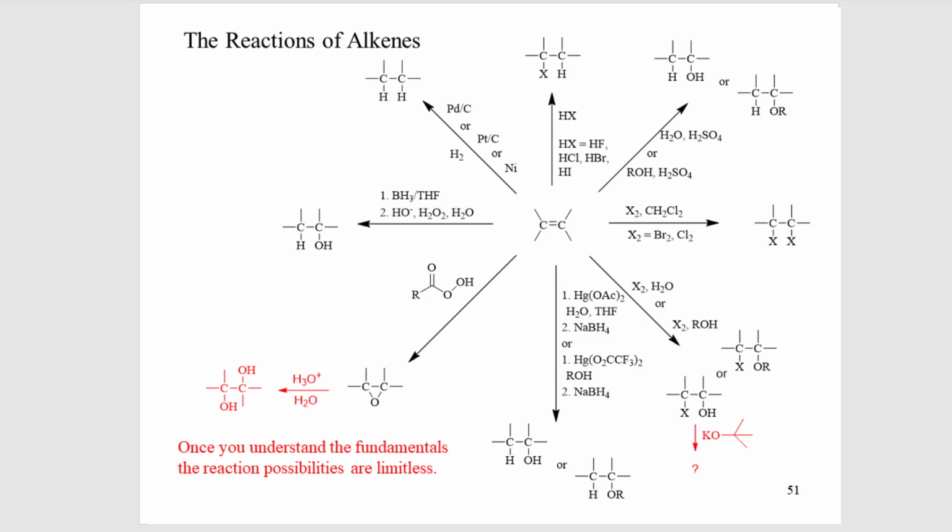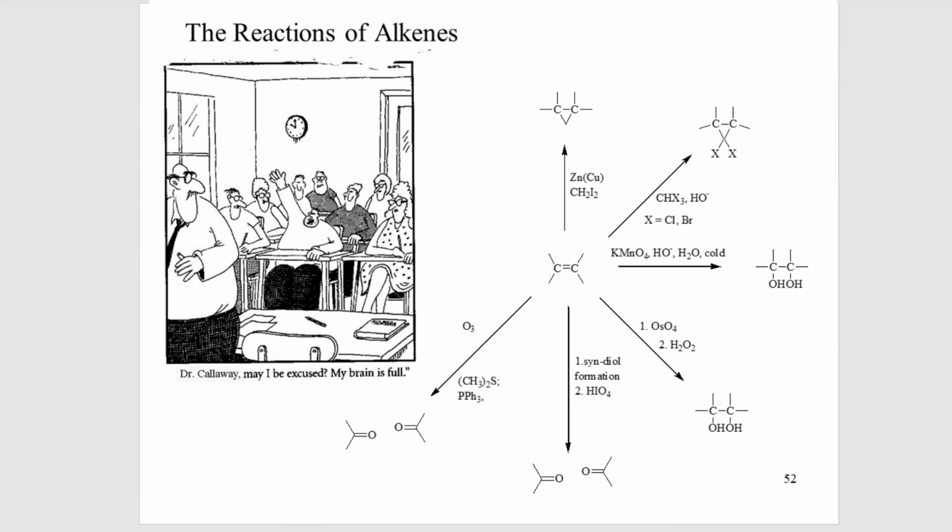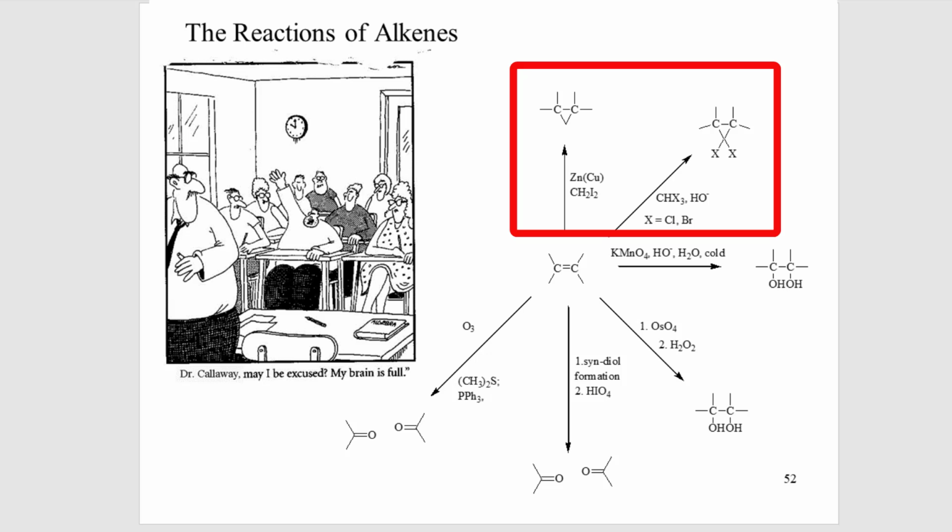Oh my gosh. Made a lot of new sigma bonds, but they weren't with carbon. How about the next page of the chart that I had? Oh, here's one. We made a cyclopropane. Woohoo! But cyclopropanes aren't that stable, you know, and you see them from time to time, but okay, that was the only one that we learned.